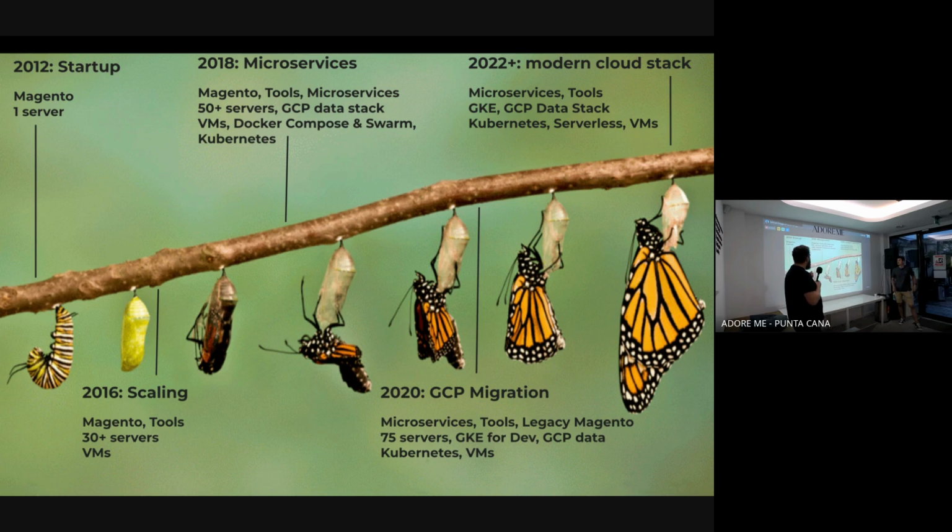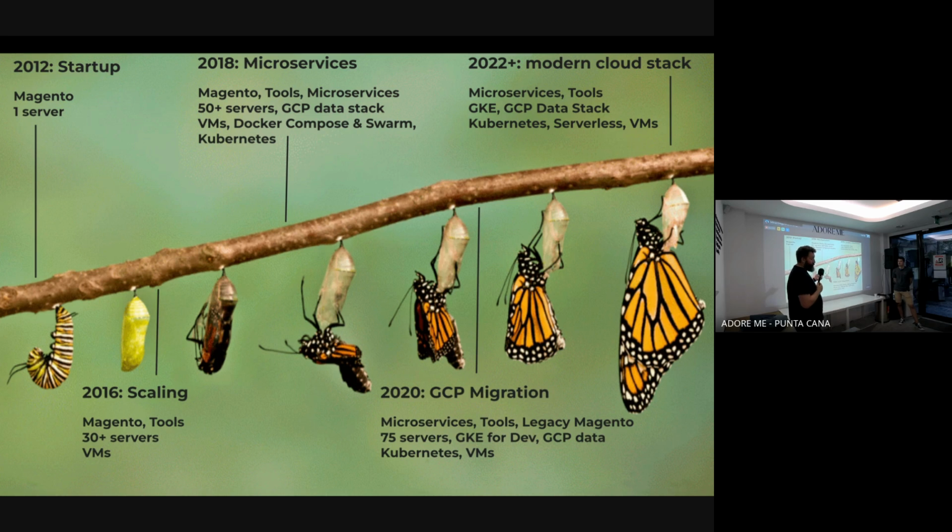At that point, we had 50, 60 servers in the data center. We started to have a pretty solid data stack in Google Cloud, BigQuery and data science, machine learning, all that kind of stuff. And we started to use Docker Compose and Swarm and play with Kubernetes. In 2020, we moved to Google Cloud.